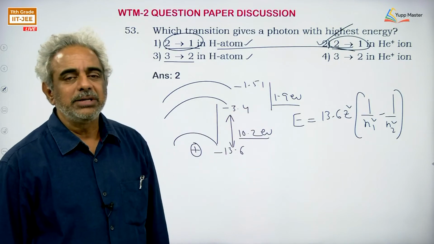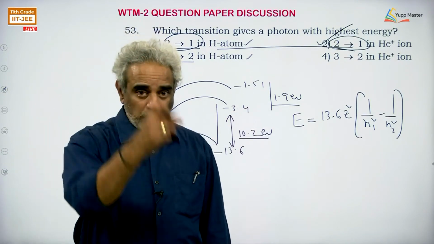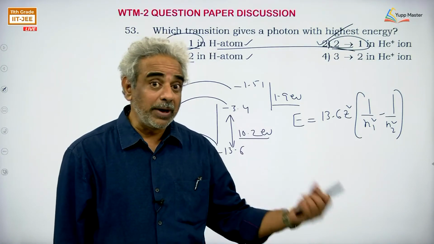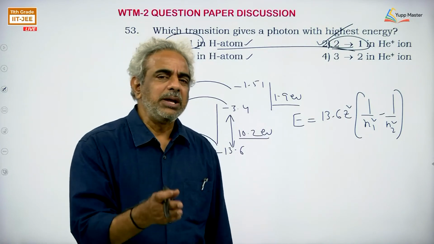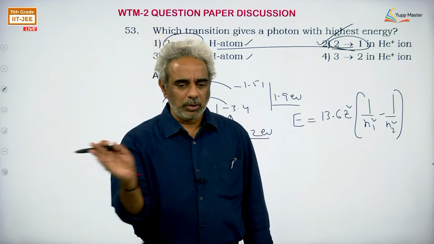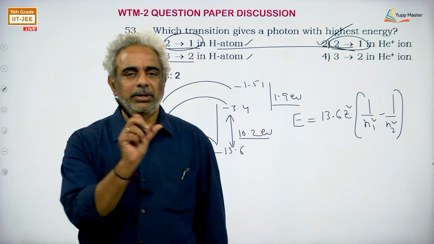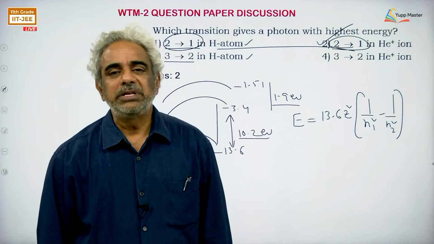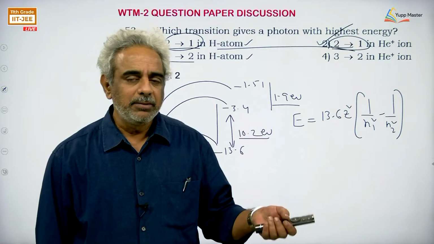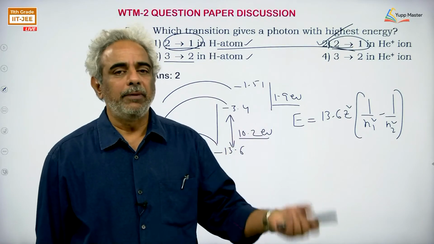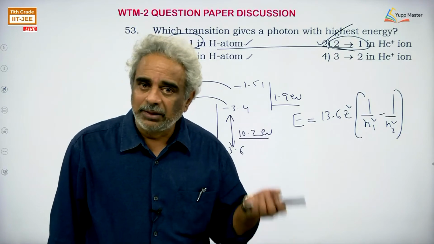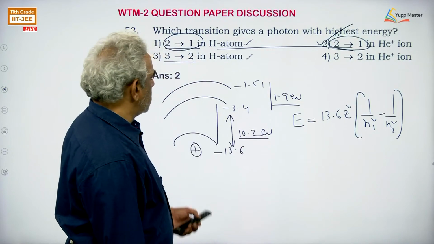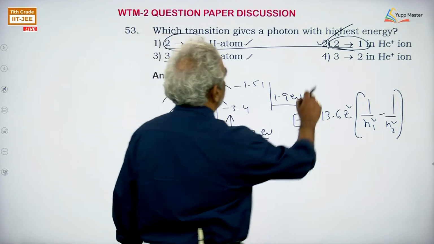So there the energy released is more. A more energetic photon is released in the helium transition because of Z square. So for hydrogen, helium plus, lithium plus 2, beryllium plus 3, if the transition is fixed, Z square will influence the energy, frequency and wave number. The more the Z, the more the energy, the more the frequency, the more the wave number, the less the wavelength, because wavelength and energy are in inverse relation. So what could be the answer? Highest energy, 2 to 1 in helium plus.